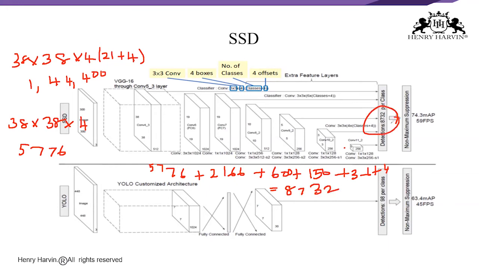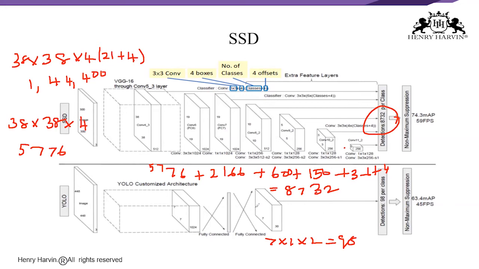If we compare it with YOLO, YOLO has 7 cross 7 locations at the end with 2 bounding boxes for each location, so 7 into 7 into 2 gives around 98 boxes. SSD has 8,732 bounding boxes, which is much more than YOLO.